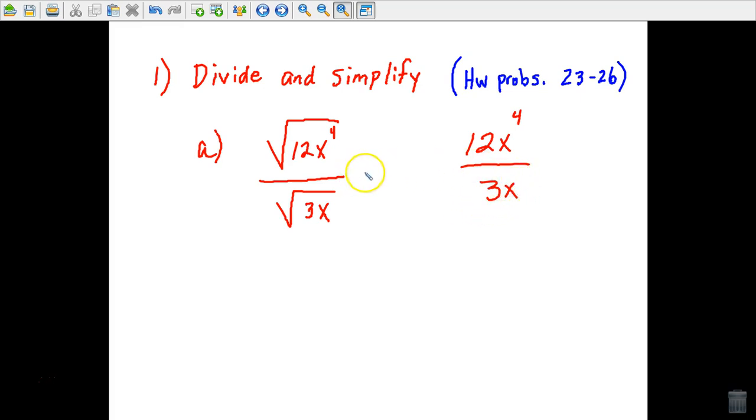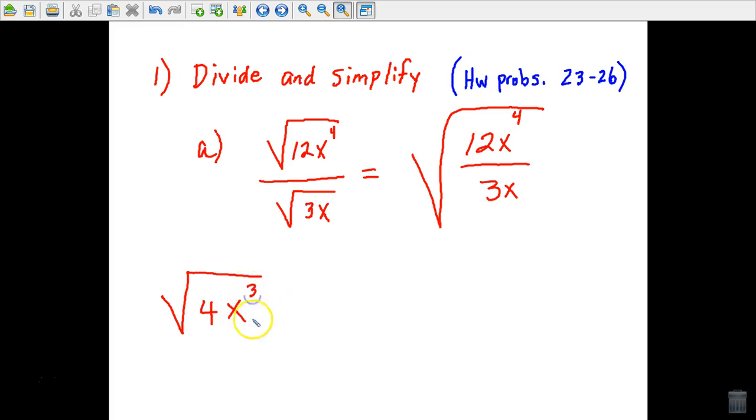So here's one of those cases where I was given two different radicals being divided, but it's going to be easier to think of simplifying this as just one single fraction underneath the radical, because this fraction simplifies into 4x to the third. And now I'm basically doing what we were doing in the previous lesson. How can I simplify the square root of 4x to the third?